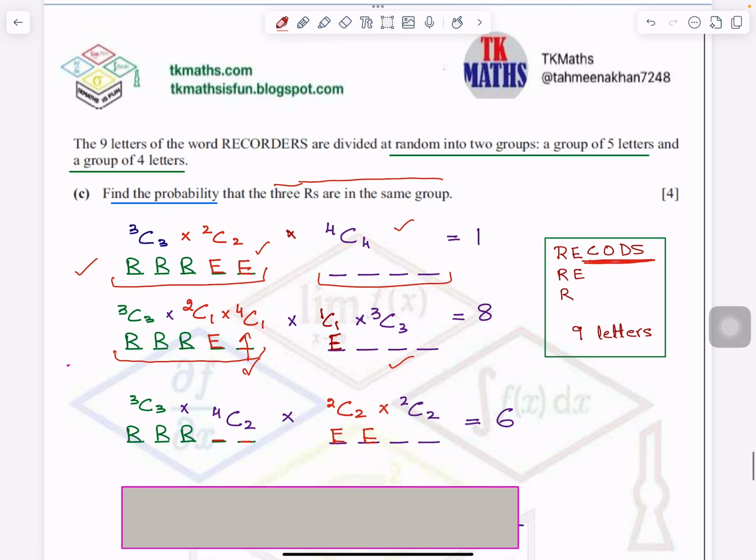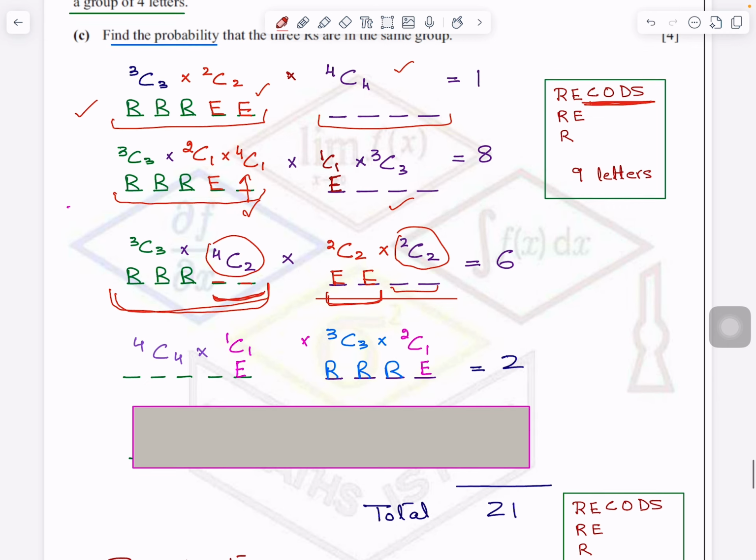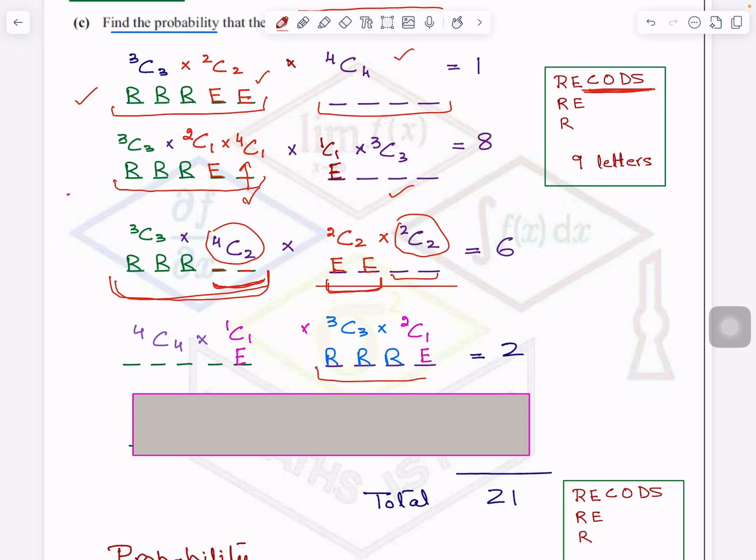Now what is one more case? When E's are in the other group, which is without R. So again, these 2 spaces will be filled by 2 out of 4 and the remaining 2 will come here. What else is left? Because this was the group of 5 letters and this was the group of 4 letters. Now you have to consider that R is present in the group which has 4 letters.